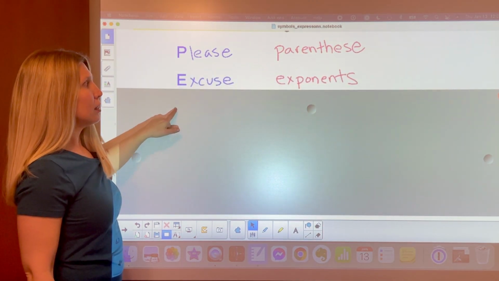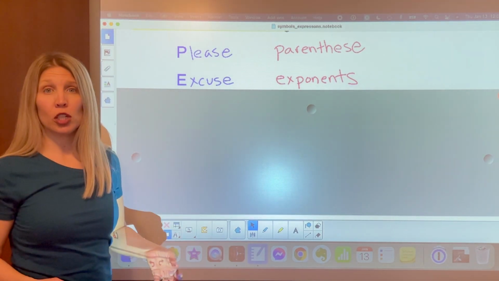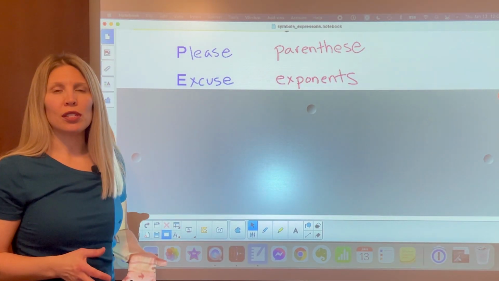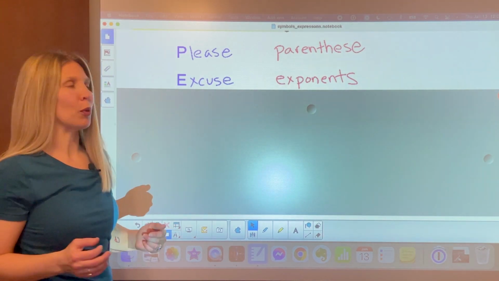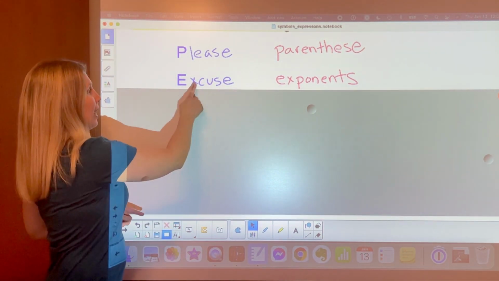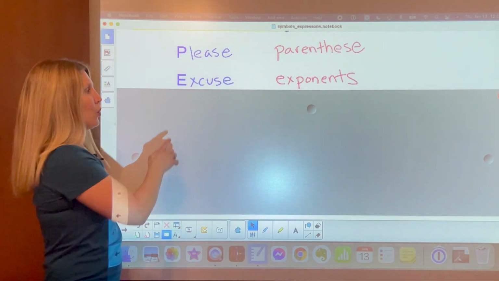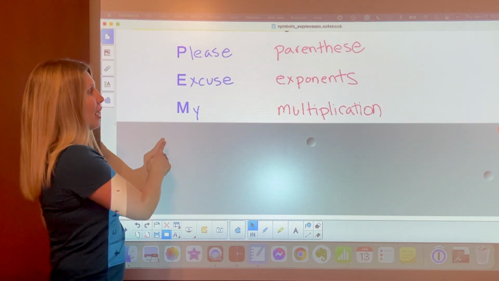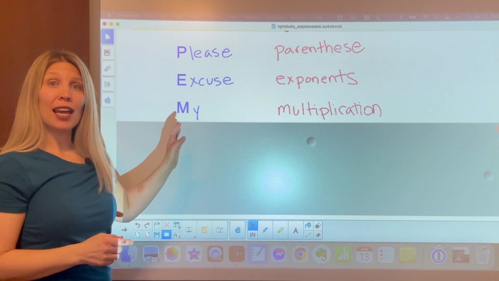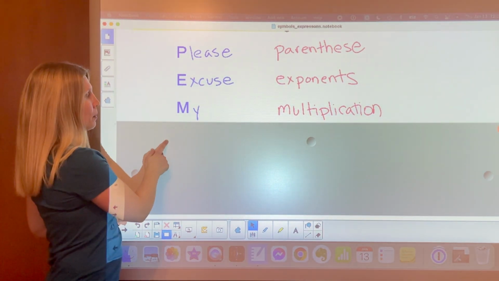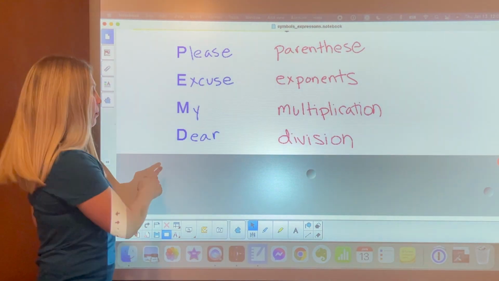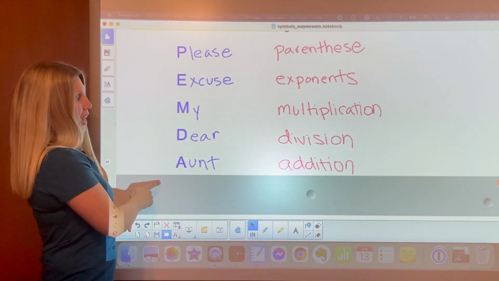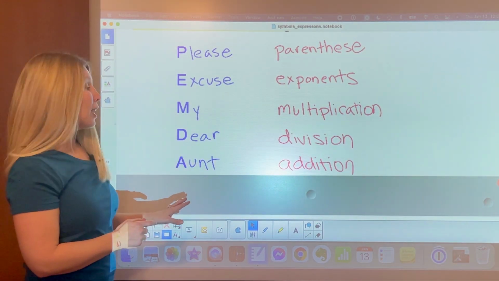After the parentheses, you're going to want to do all of your exponents first. And if you haven't learned exponents yet, that's okay. You can check out my video that teaches you all about how to use exponents. The E in exponents is going to stand for the word excuse. Then you're going to have multiplication, and that's going to stand for the word my. Division stands for the word dear. Addition for the word aunt.